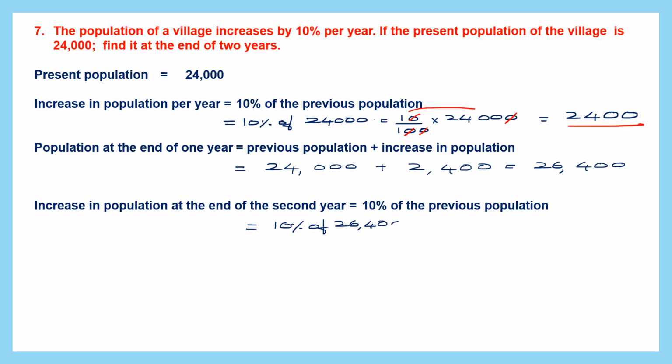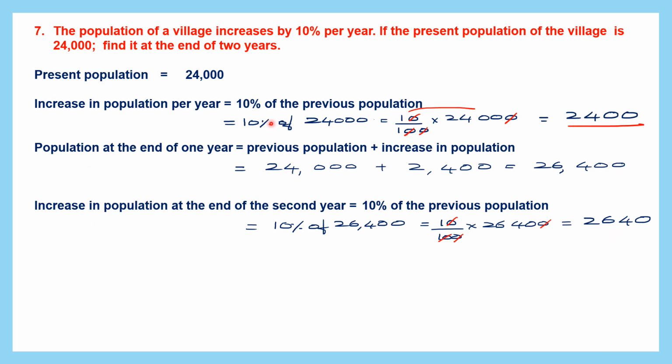That will be equal to 10 by 100 into 26,400. So let's simplify this. So I remove one 0 from here, one 0. Then I take off one 0. So what do I have now? I have 2,640. This is the increase in population at the end of the second year, 2,640.